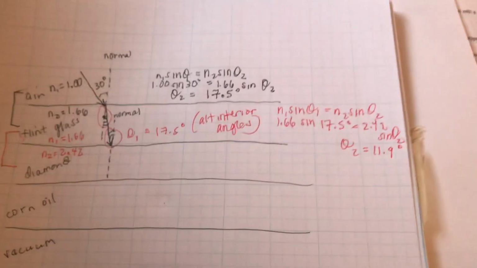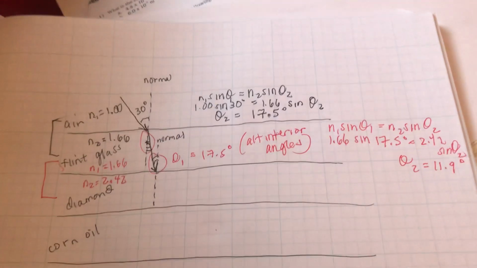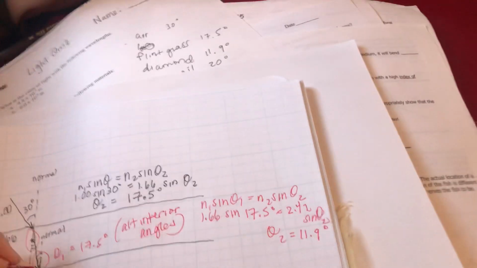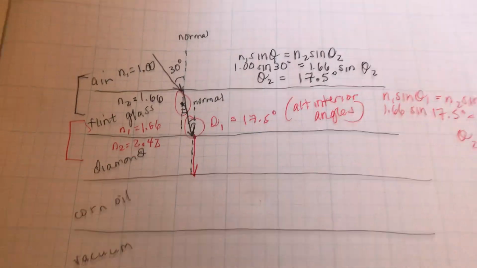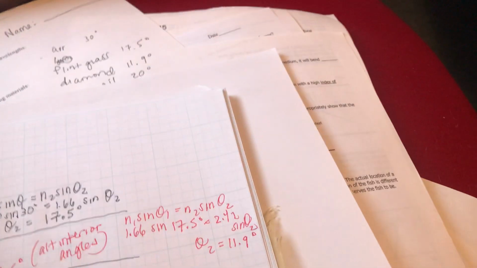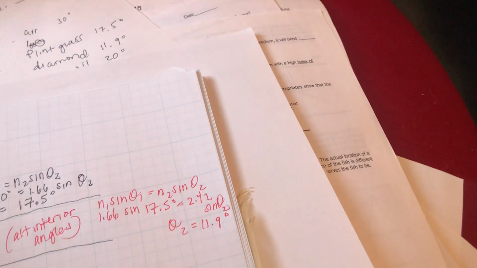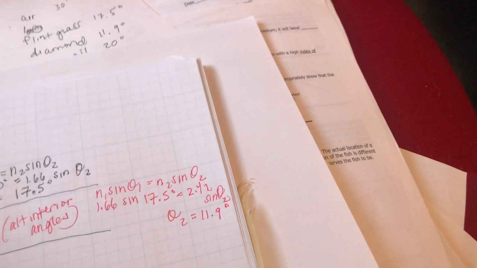Now I'm going to draw that angle of refraction in all the way to the next interface, sitting even closer to the normal. If I draw in my new normal right here, this new angle will be equal to this angle of refraction.